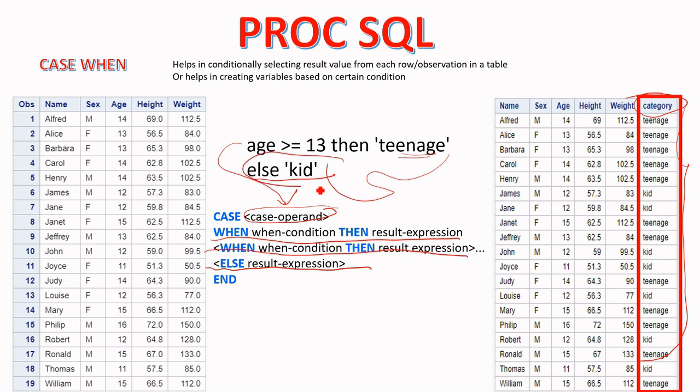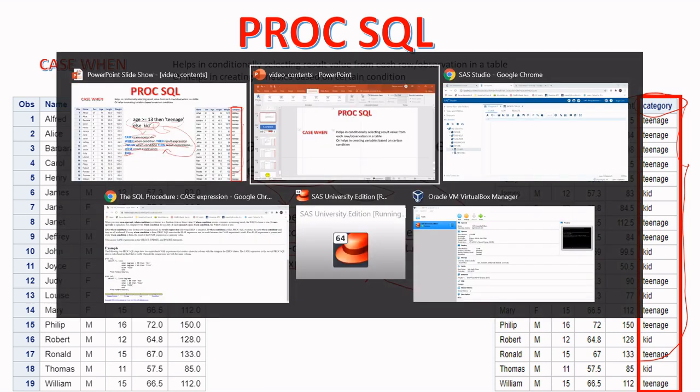In the else part, you want to put this, meaning wherever the age is not greater than or equal to 13, those should all be marked as kid. And then you will end the case statement with an end, and then you can provide the variable name. Let's go to SAS and try doing this.